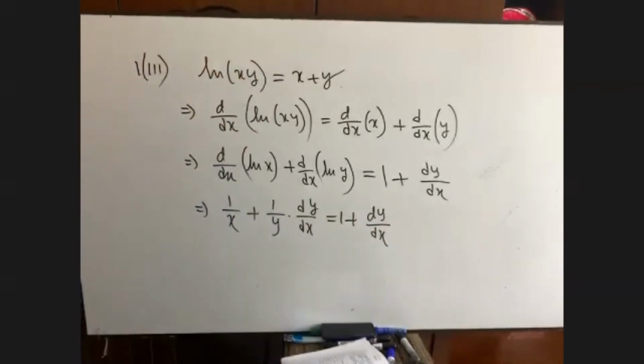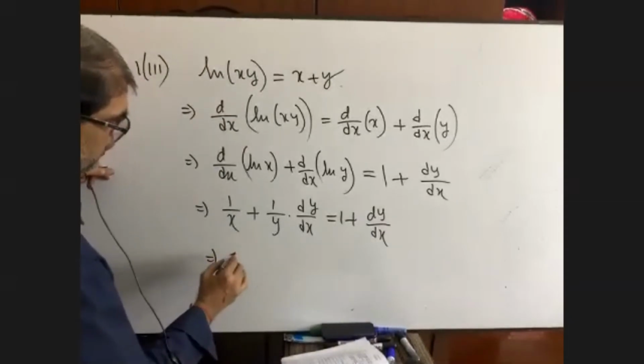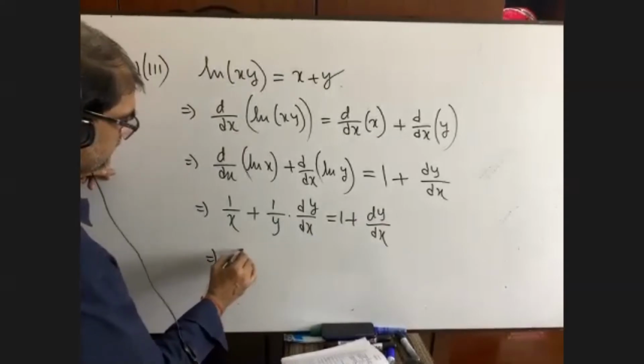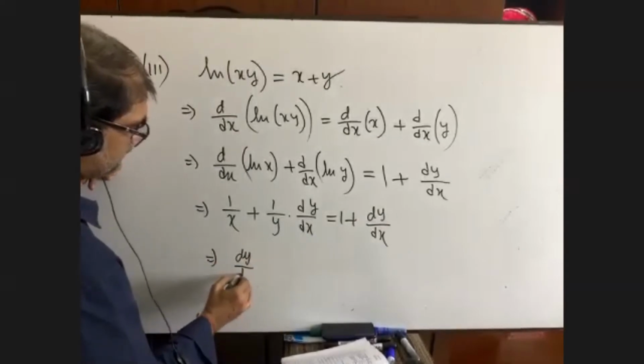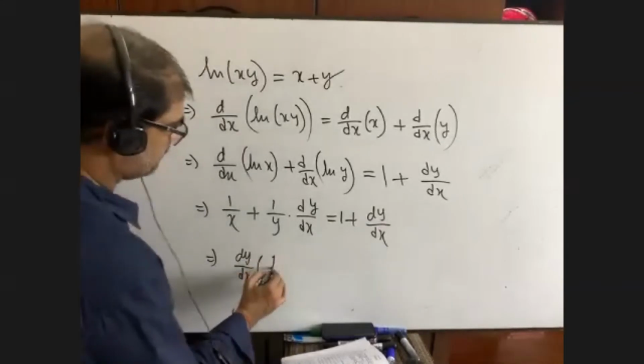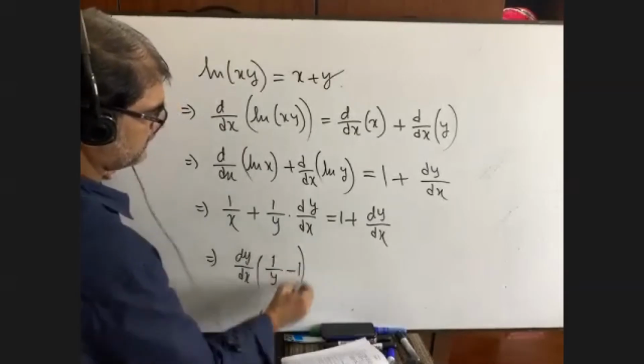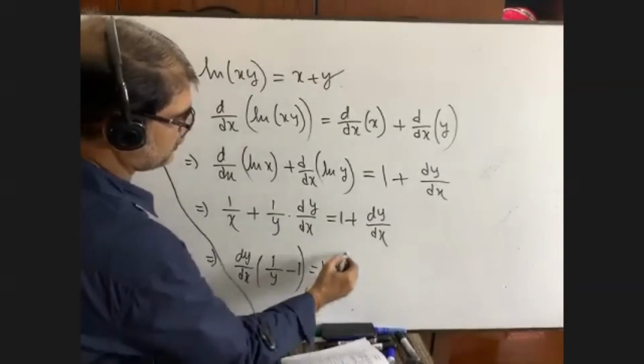Now we have to find the value of dy by dx. Write down dy by dx times (1 by y minus 1) is equal to 1 minus 1 by x.